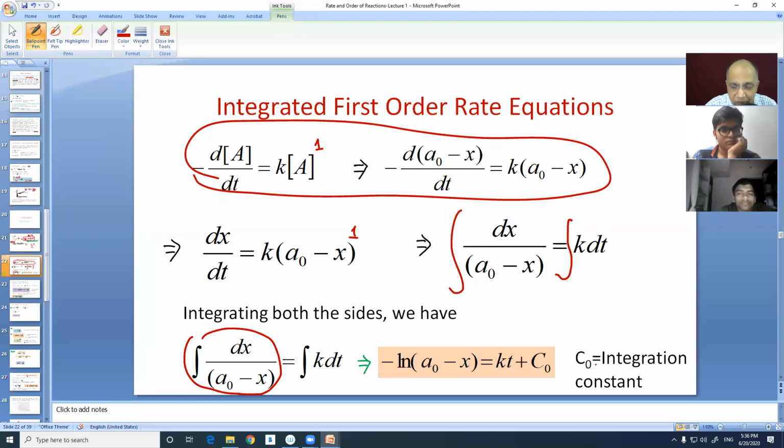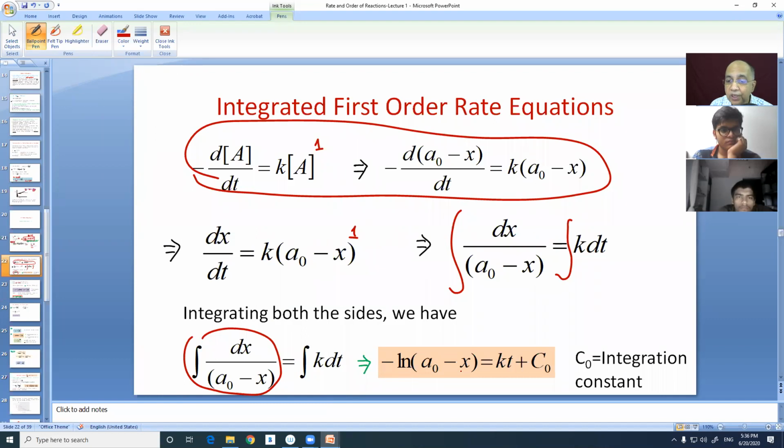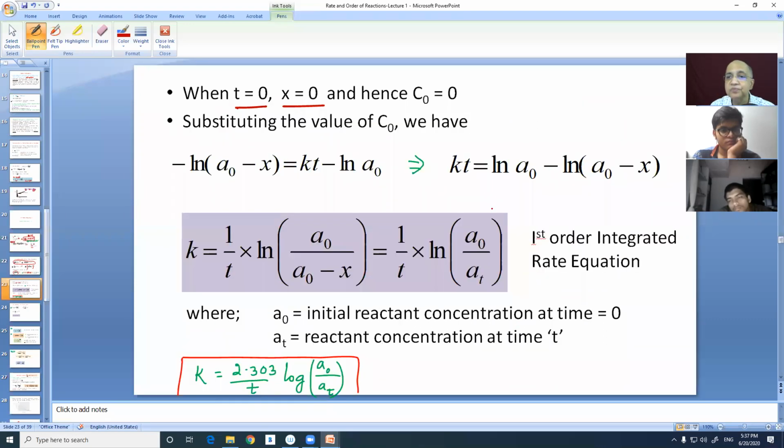To find the integration constant, have a look. When t is equal to 0, at the beginning of the reaction, there is no product, so x is equal to 0. Then ln of any constant quantity is 0, so C0 is also equal to 0.